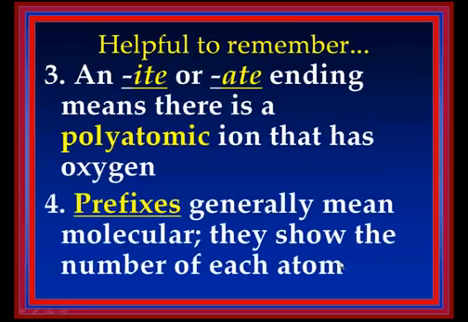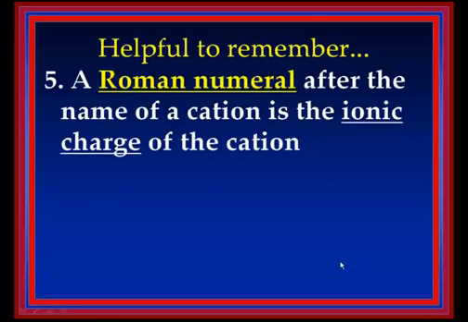Prefixes generally mean molecular. They're going to show you how many there are of each atom. That's what we just learned about right now. And then a Roman numeral after the name of the cation is the ionic charge of the cation. Right?